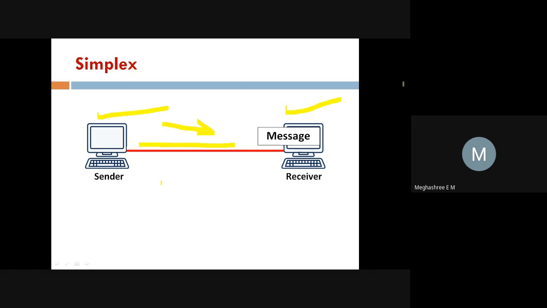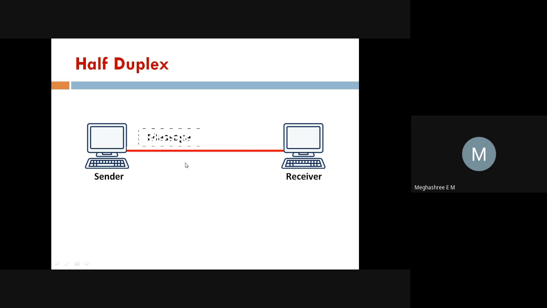The next method is half duplex. As you can see in this slide, the message is transmitted from sender to receiver, and the receiver also sends the message to the sender. This says that each device, sender and receiver, both can transmit and receive.